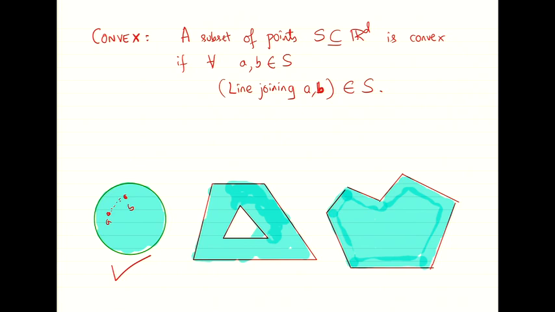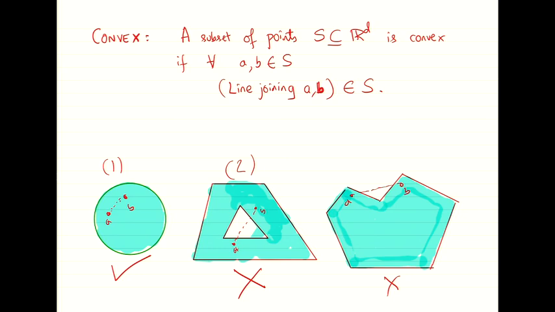Is the second set convex? No. Clearly it has a hole here. If I take A and B, 2 points here, and look at the line, it has to go outside the set. So it's not a convex set. You can't have holes like that. Similarly, the third one is also not a convex set, because if I look at 2 points here and here, A and B, the line joining them goes outside the set.